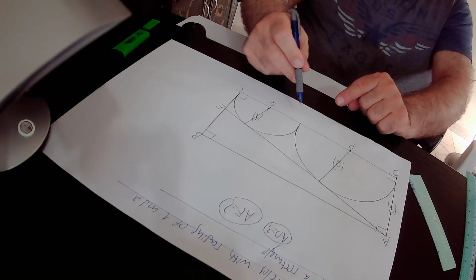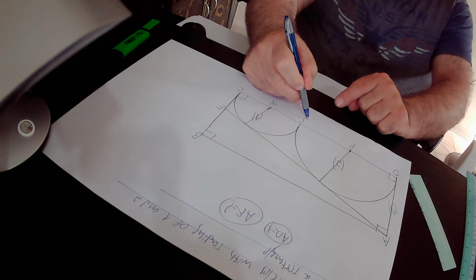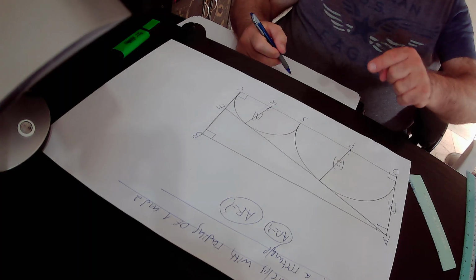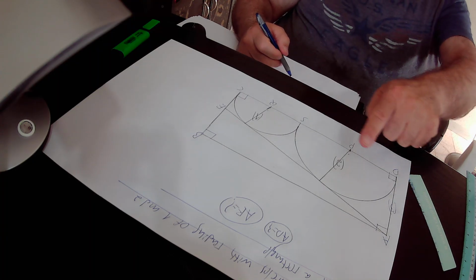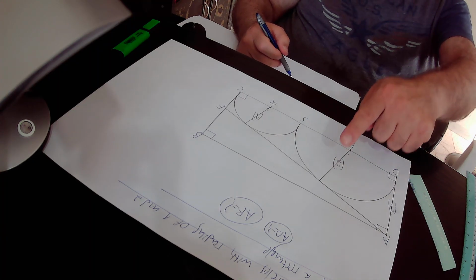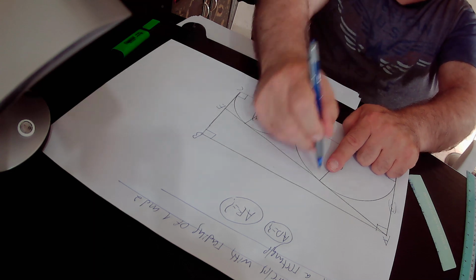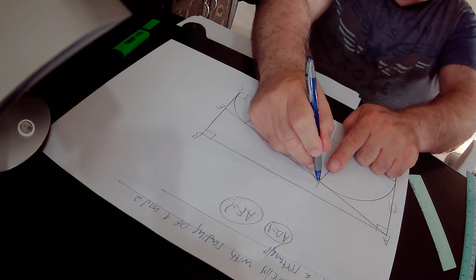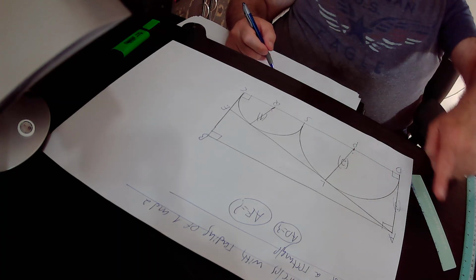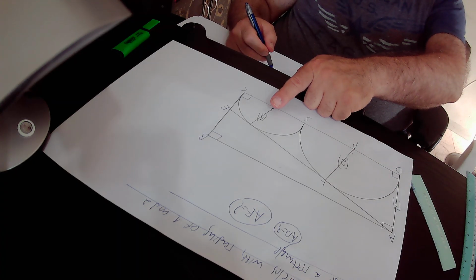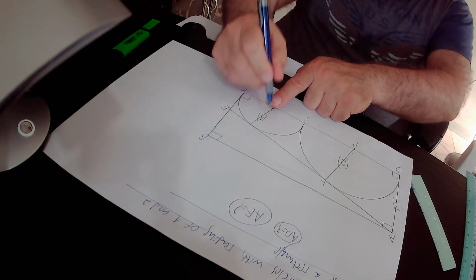This point is point S. Likewise, we define the point of tangency of tangent AE with this big semicircle. This point is point L. And finally, we define the point of tangency of tangent AE with this small semicircle. This point is point G.